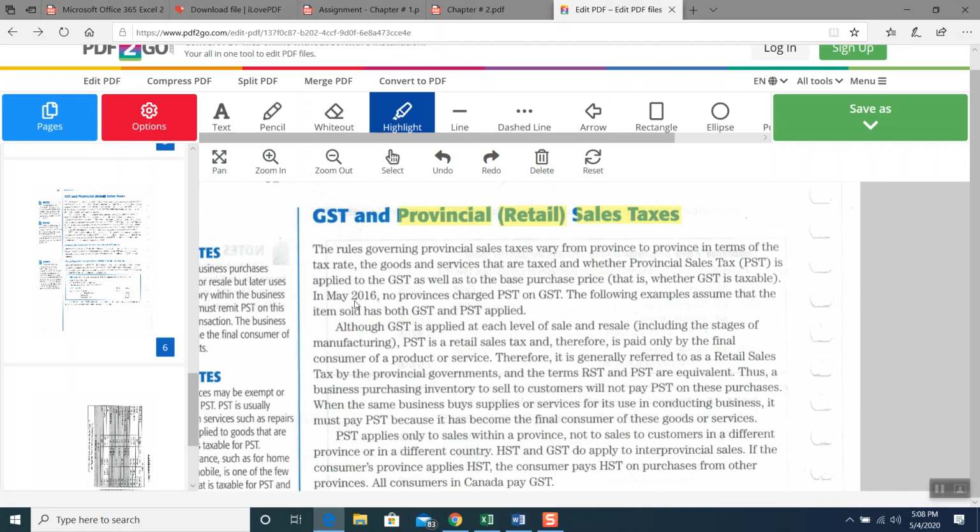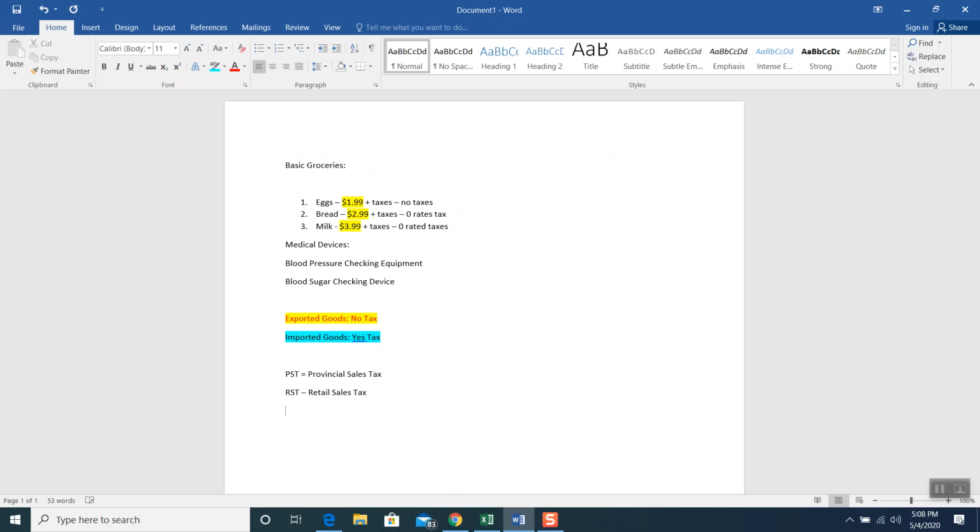Okay, so now again, what is PST? The rules governing provincial sales tax vary from province to province. Now, Karan comes to me, asks me, sir, what do you mean by province to province? How many provinces do we have here in Canada? Again, as you know, India has different provinces, China has different provinces, Canada has different provinces as well. So how many provinces do we have here in Canada? Let's take a look.